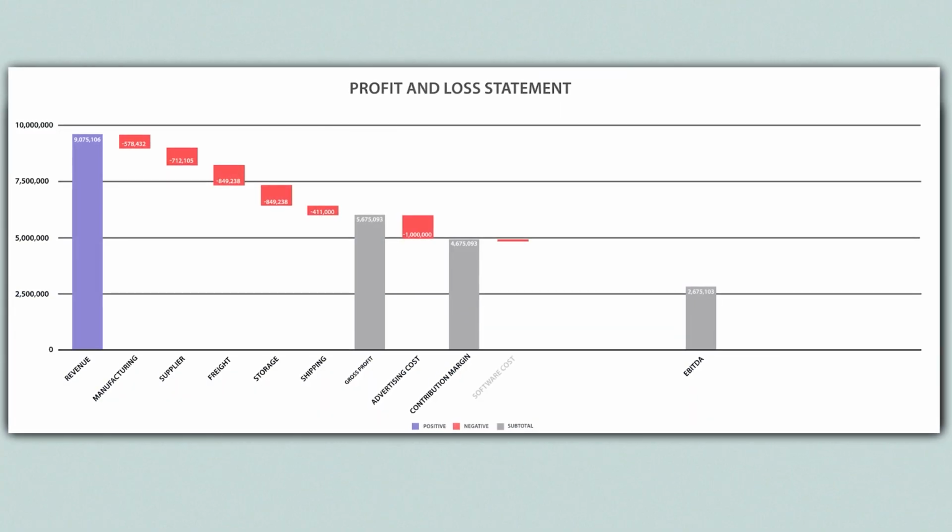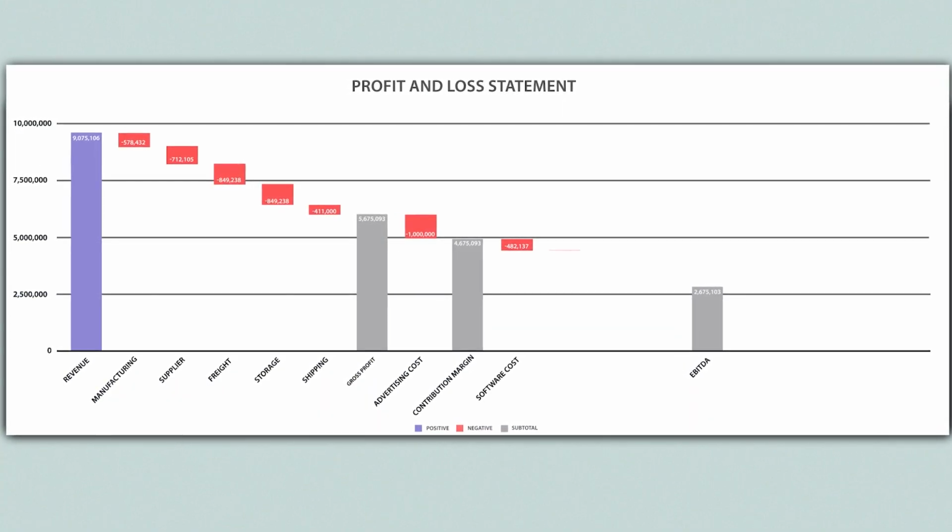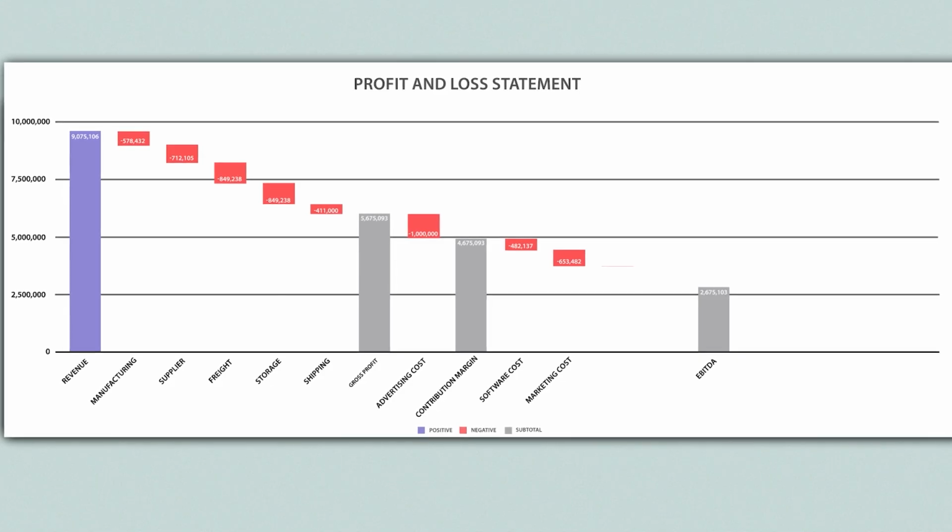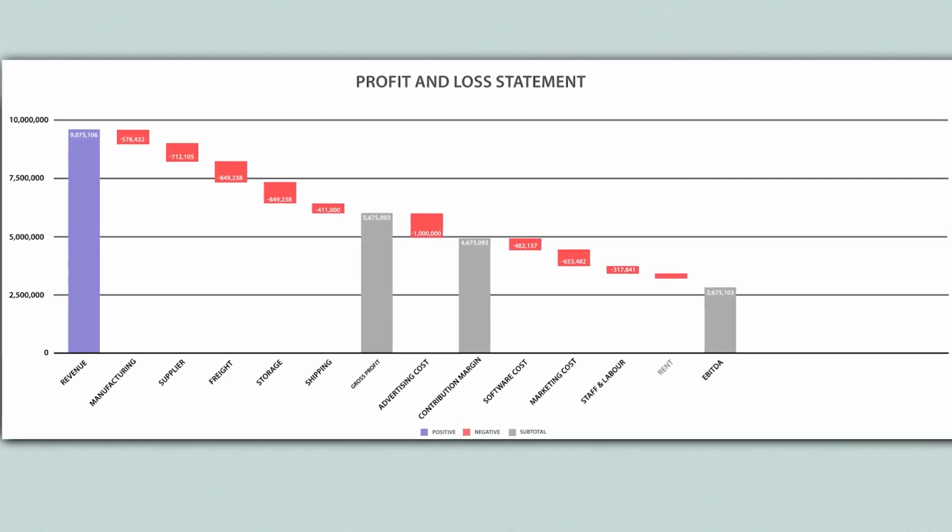So this would include all of your software costs, all of your fixed marketing costs, all of your staff and labor costs. Maybe you've got some rent for the office and so forth, meals, travel, entertainment. There's usually a pretty big chunk of these indirect costs, right? So once you've removed all of the direct costs, which were associated with the product, and all of the indirect costs or overhead costs, then you will be at the EBITDA level.